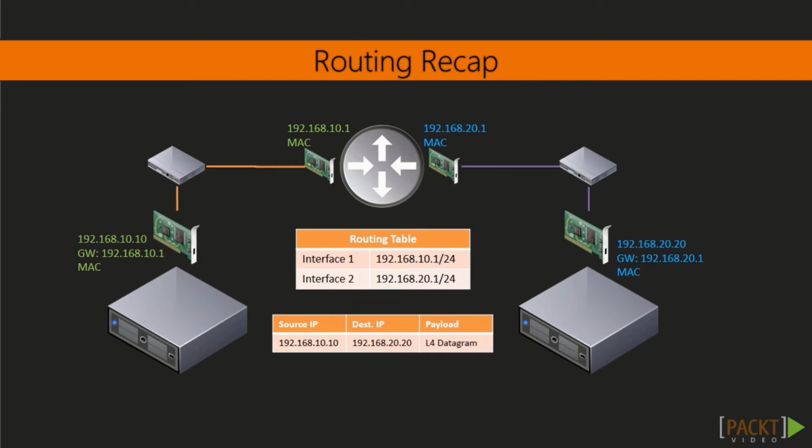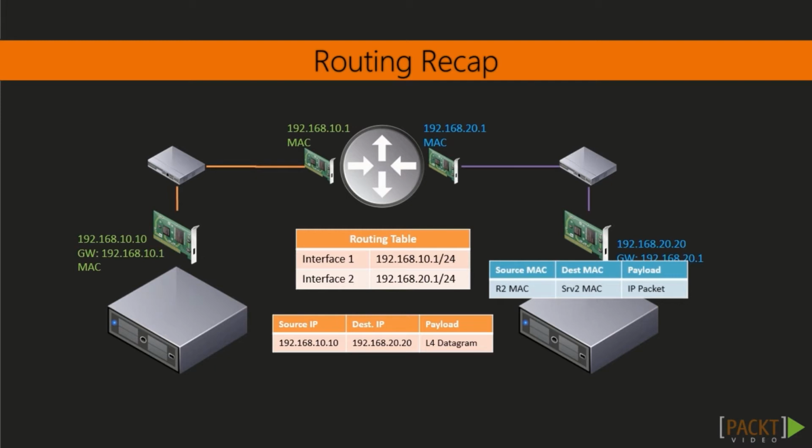In our case, it makes a routing table lookup and discovers that the destination IP address is local to this specific router. So the router uses its own MAC address and substitutes the source MAC address with its own, because the reverse path of the traffic needs to go via the router as well, and delivers the frame to the destination machine. So that's a very basic routing recap, having a router with only local subnets and local interfaces.